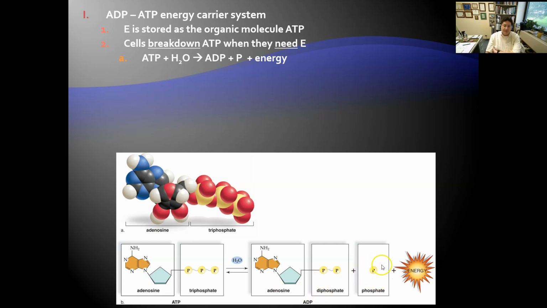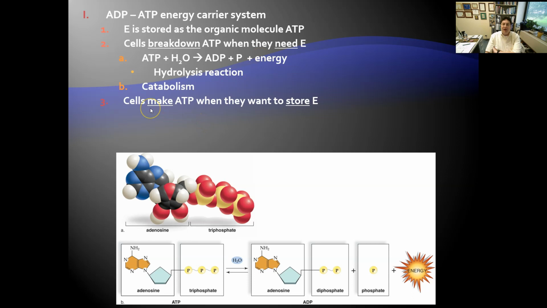Here's the phosphorus we removed, but since we started complex and we broke it apart, we kick out energy. All right, so that releases energy. So when cells need energy, we simply have to break down ATP. Because we added water to ATP, this is called a hydrolysis reaction, and this would be an example of what we just talked about, catabolism. We're breaking something down to release energy.